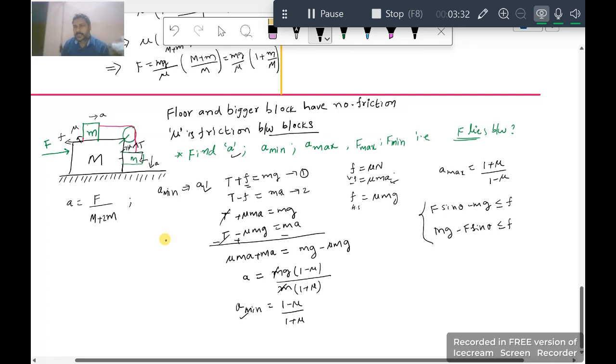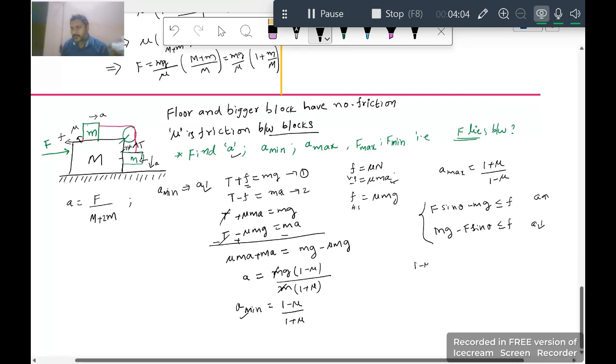In the first example I have given that F maxima, driving force is maximum, means it is moving upwards. So acceleration is upwards when force is maximum, acceleration is downwards when force is minimum. Remember this point.